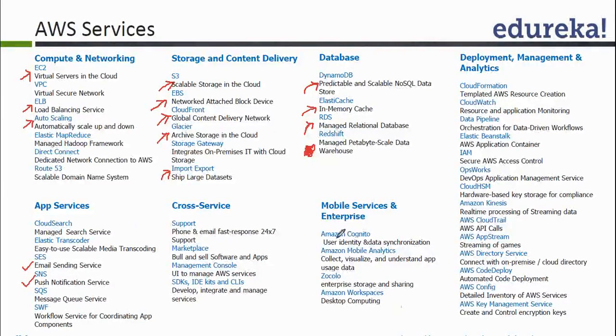On mobile services and enterprise in the middle here, Amazon Cognito is a user identity and data synchronization service for mobile applications. Amazon also provides Amazon Mobile Analytics to collect, visualize, and understand application usage. Zocalo, which is now known as Amazon WorkDocs, renamed to WorkDocs now, is like a mix of Dropbox and Google Docs. I would qualify it as a SaaS model, but Amazon does not publicly say that.